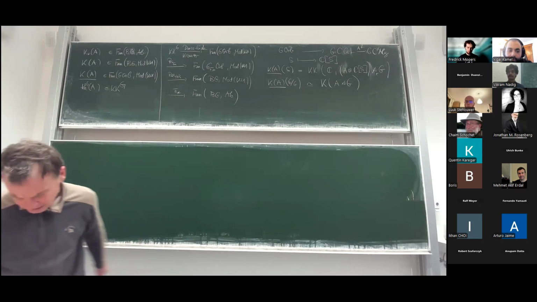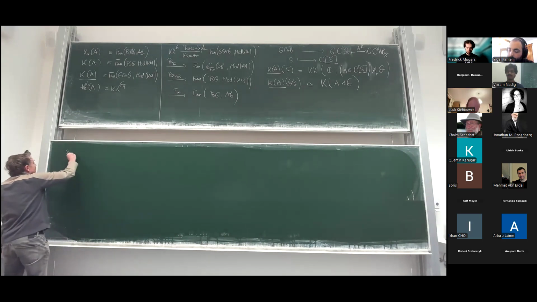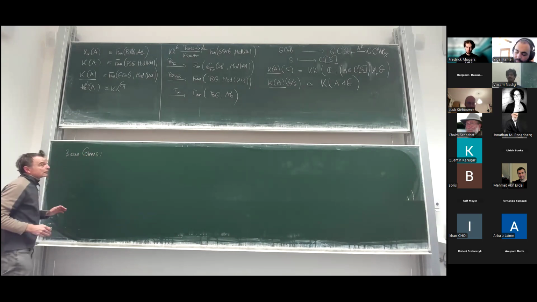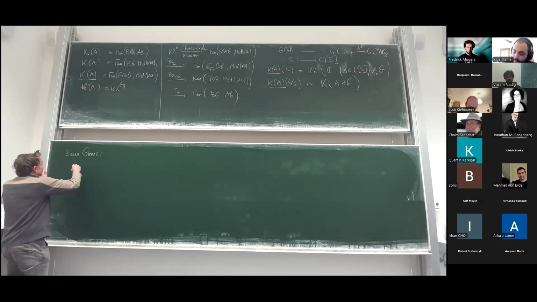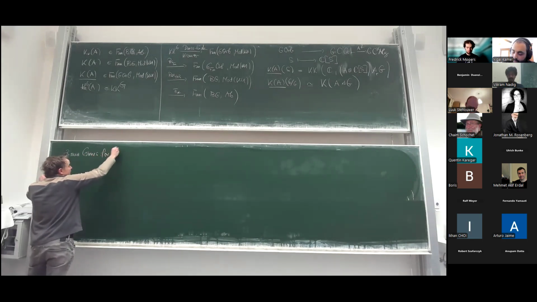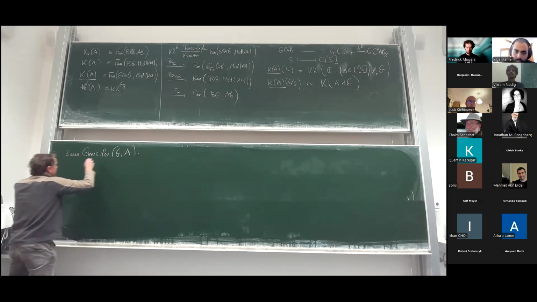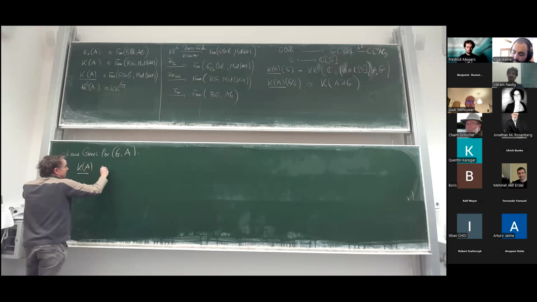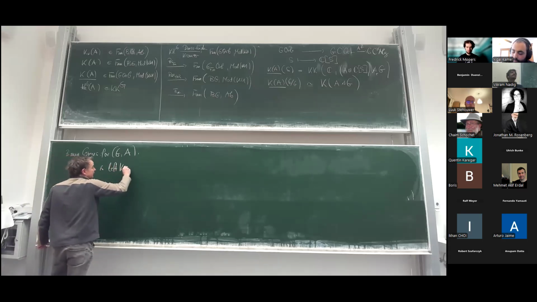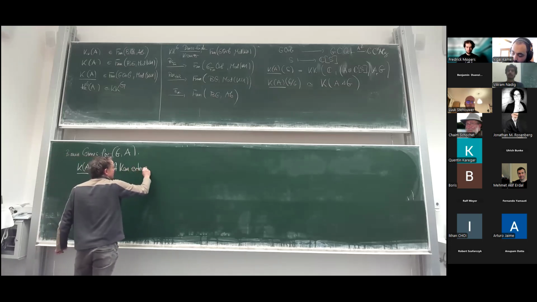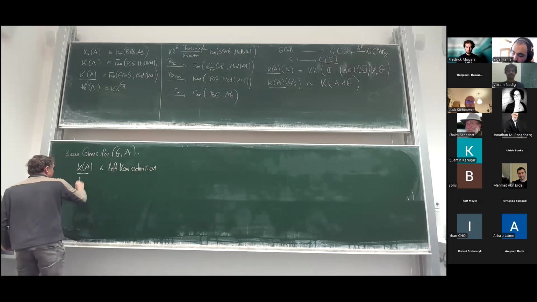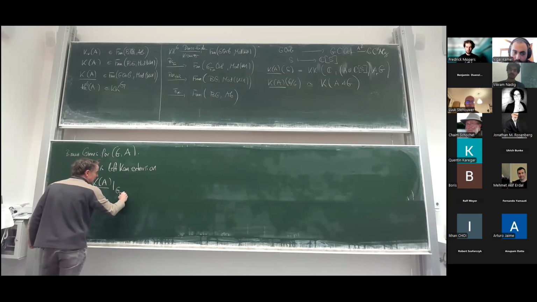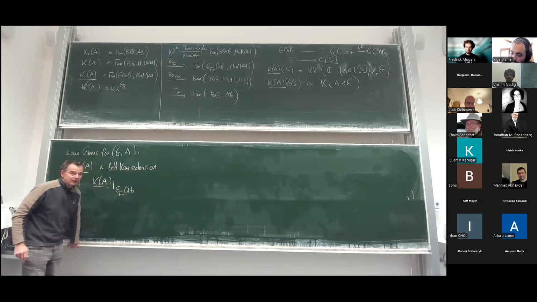Okay, so what does Baum-Connes say in this language? If Baum-Connes holds with these coefficients, for G and A, then I would say that K underline of A is the left Kan extension of the same thing restricted to the orbit category with finite stabilizers.